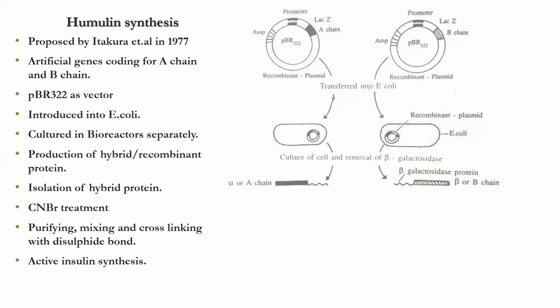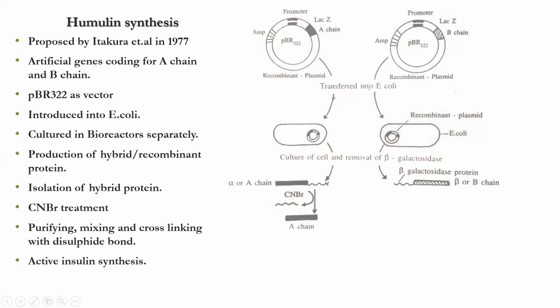So we need to remove that beta galactosidase. For that, we are using a chemical treatment that is called cyanogen bromide treatment. Here, the cyanogen bromide treatment removes beta galactosidase from the A chain in one culture, so only the A chain is available.